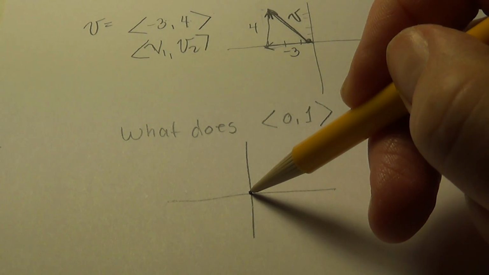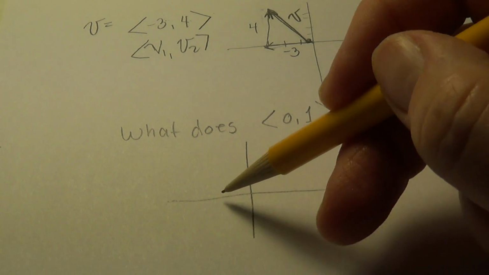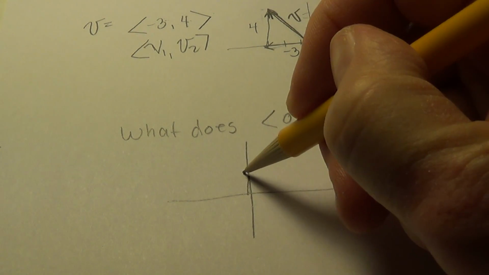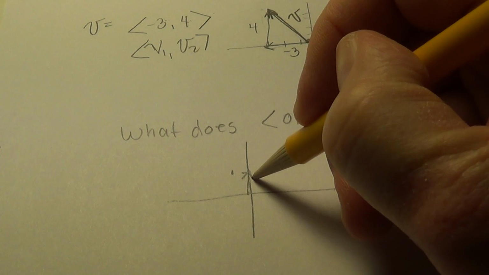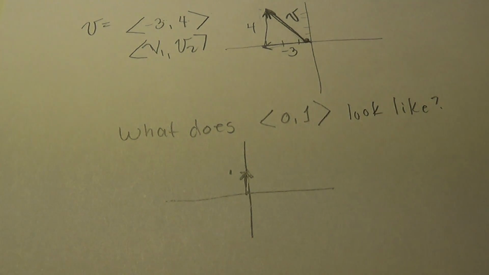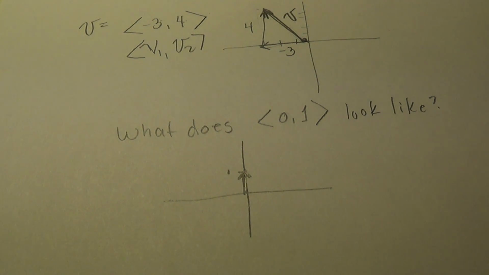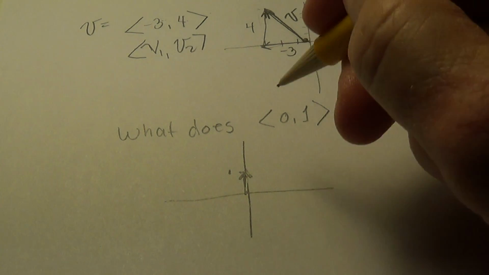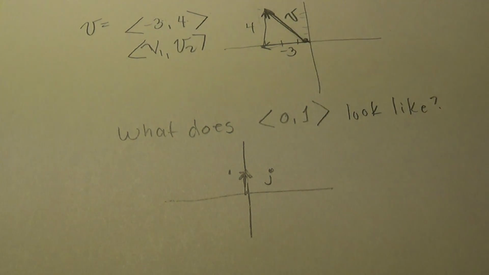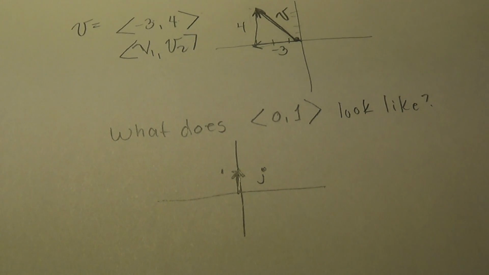So if I'm starting at the origin, I do not move right and left at all, and it goes up 1. Say that's 1. So the vector looks like that. Pretty snazzy. And that vector is so important that we gave it its own name. The name of the vector is J.